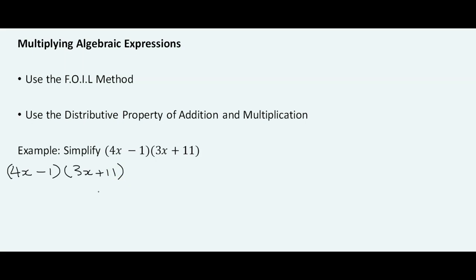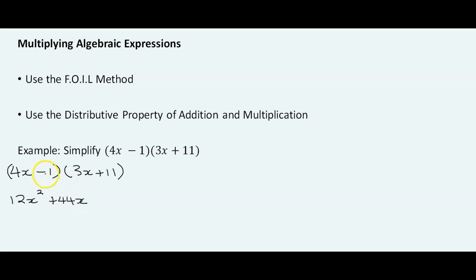So we'll start with the FOIL method. We multiply the first terms together. So 4x multiplied by 3x, we have 12x squared. And then we multiply the outer terms. So 4x multiplied by 11, that is 44x.